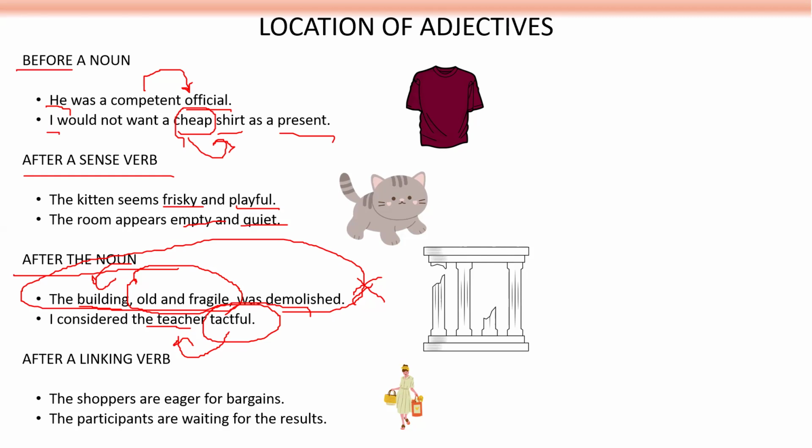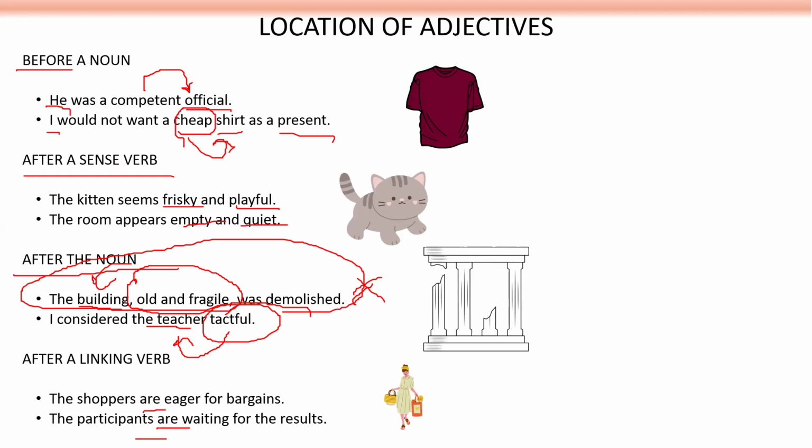Okay, next is the fourth one, which is after a linking verb. Linking verbs in this sentences are is, has, have. Those are the linking verbs.